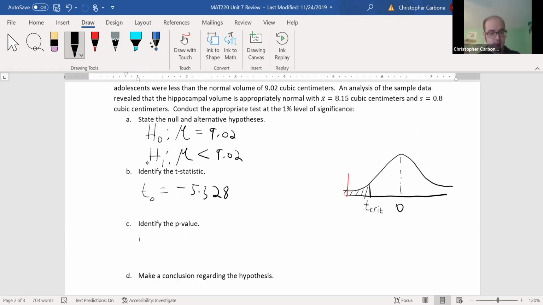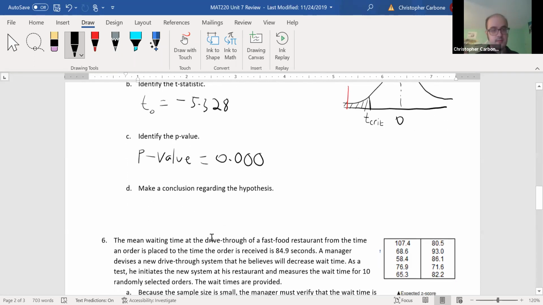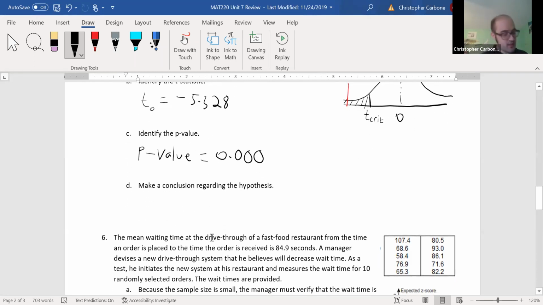The p-value, though, since it was less than 0.0001, will just be rounded to 0.000. And then we want to make a conclusion regarding this hypothesis. Well, we are going to reject the null hypothesis.